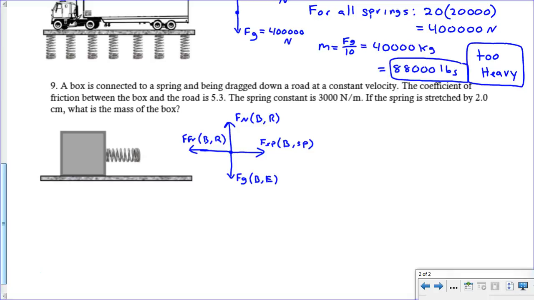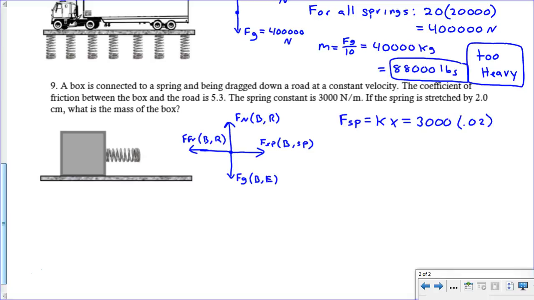So it says the spring is stretched by 2 centimeters, and we know the spring constant. So we can figure out what the spring force is going to be. That's the first thing that we can start with. Spring force here is equal to Kx, which equals 3,000 newtons per meter times 0.02 meters, because we have to go from centimeters into meters.